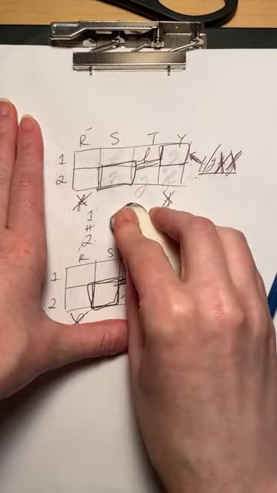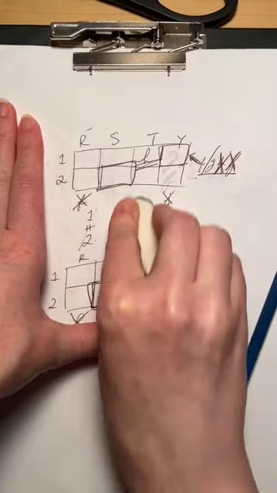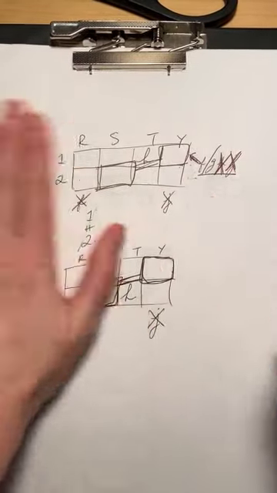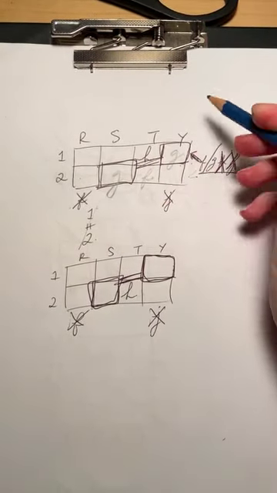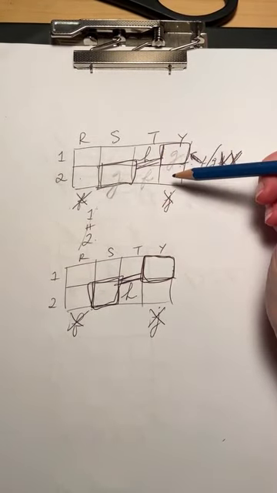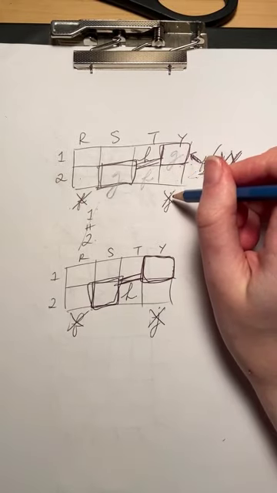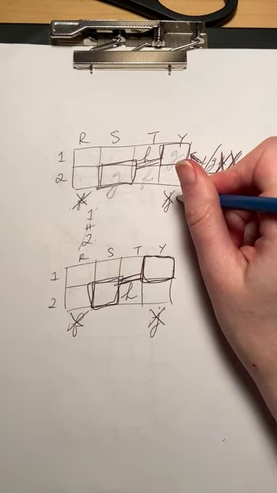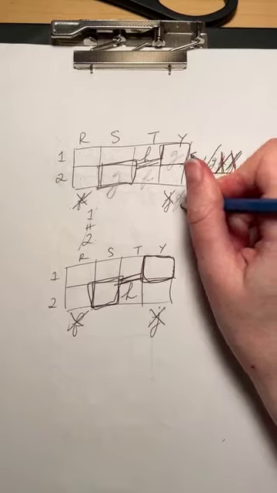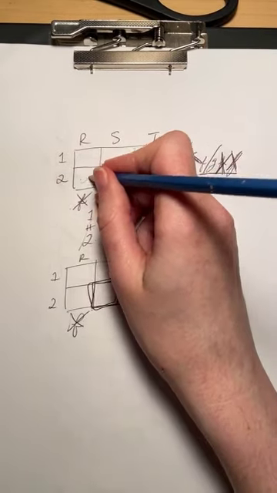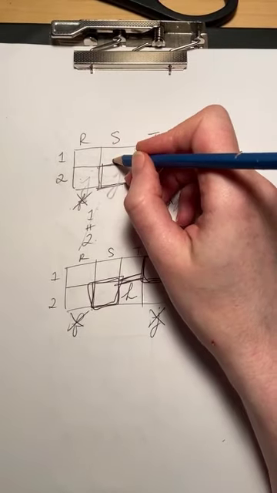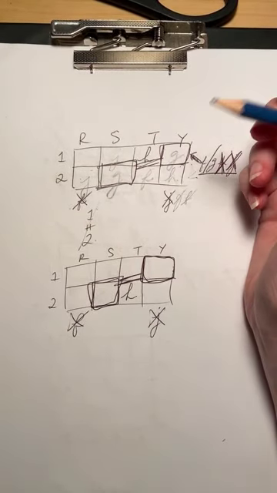Teresa tests F on the second day. Alrighty, so F here. These are both G's. This can't be J, G, or F, so it would have to be H. This would be J. We'd have to put J here.